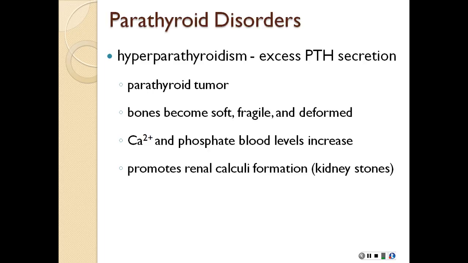So if I tell you calcitonin stimulates one of those cells and PTH stimulates the other cell, which one would you say that calcitonin stimulates? Osteoclast versus osteoblast. Osteoclasts break down bone, and osteoblasts build bone.